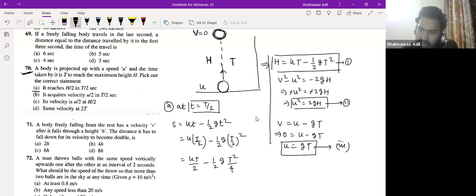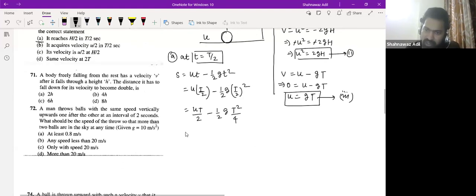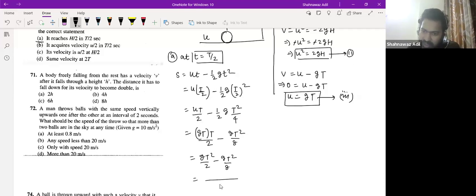So this is gt times t by 2 minus gt square by 8. This is gt square by 2 minus gt square by 8. Taking 8 as the LCM, this is 4 gt square minus gt square, so that is 3 gt square by 8.